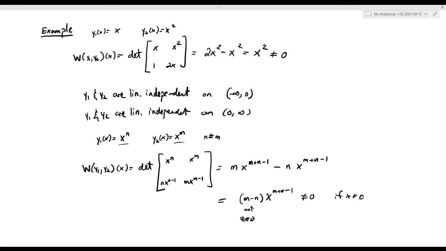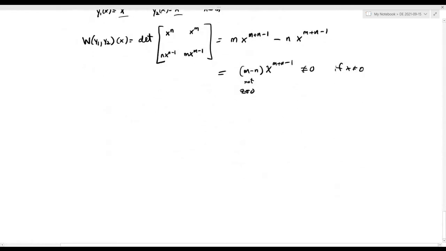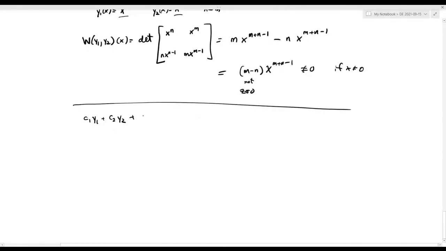And by the way, you'll be using the Wronskian for more than 2 functions. So the Wronskian generalizes as a test for linear independence of multiple functions. If you want to know whether 3 functions are linearly independent, you would create a combination of those functions equal to the 0 function.